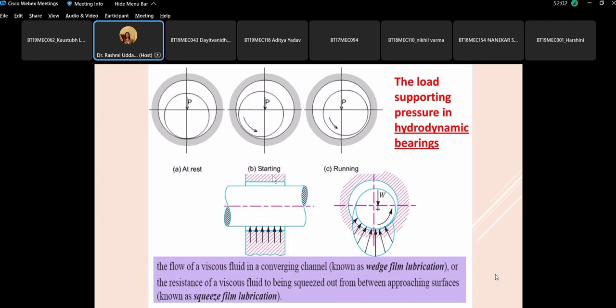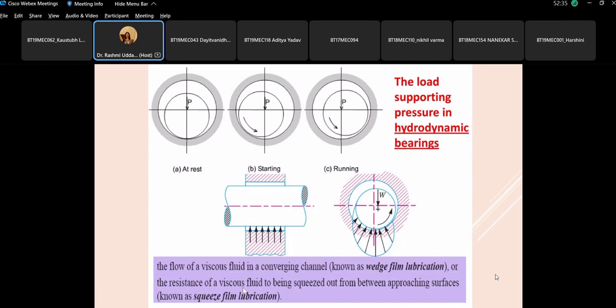So this is the journal, this is the bearing, and this is the pressure from the oil. From the side view, you can see the oil pressure is distributed like this while it is running at its normal speed. The pressure is minimum at this point, it increases to maximum and it again reaches its minimum. So there is a wedge of film which is formed with minimum film thickness somewhere here, and the thickness of the film increases on either side.